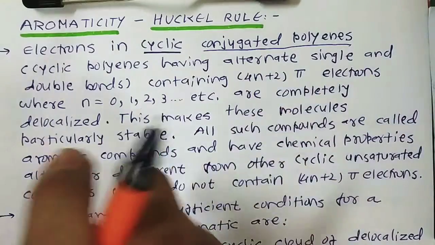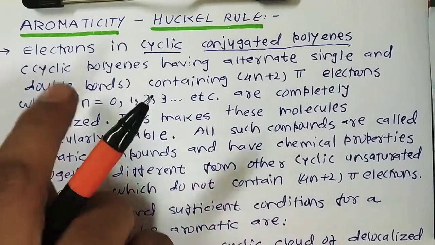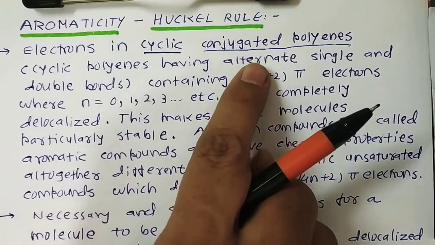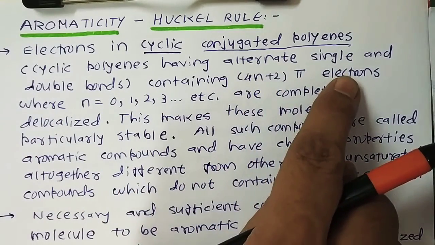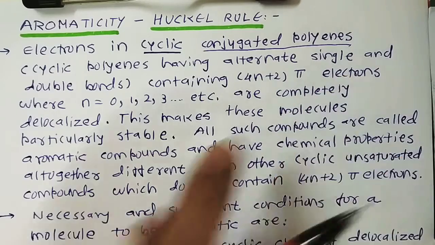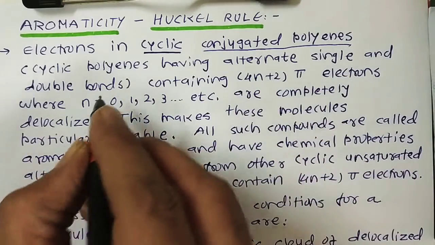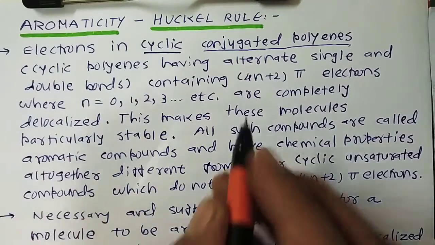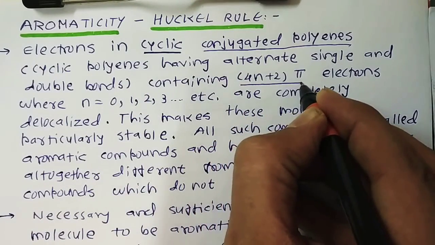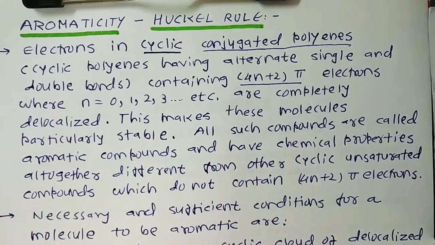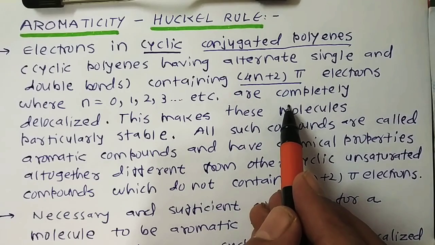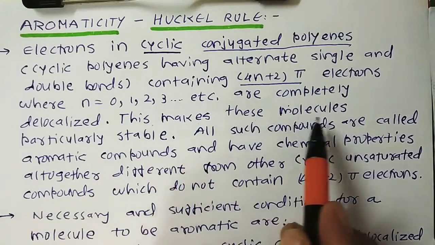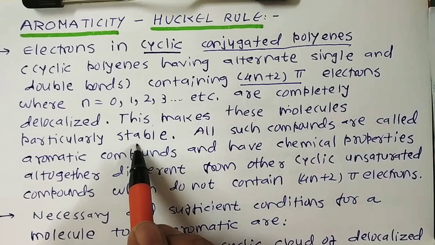What is the meaning of a conjugated polyene system? Cyclic polyenes having alternate single and double bonds containing 4n plus 2 pi electrons, where n is equal to 0, 1, 2, 3, etc. They are completely delocalized, so this makes the molecule particularly stable.